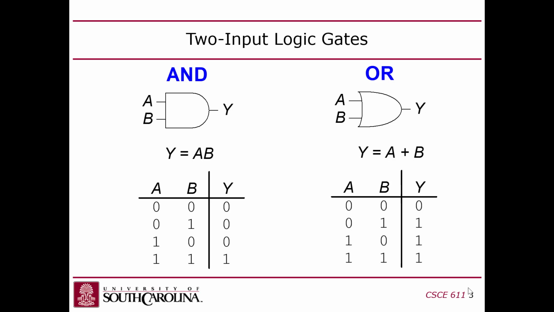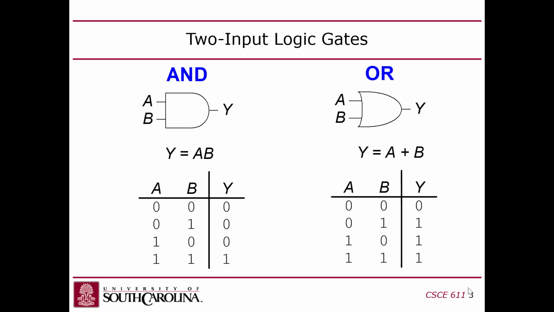Now, these are kind of classical gates, but in truth, you can build an arbitrary gate however you want, at least conceptually. So if you have a logic gate with 2 inputs, how many possible gates could you build from that? Anyone know? I had this as a test question last year in this class.